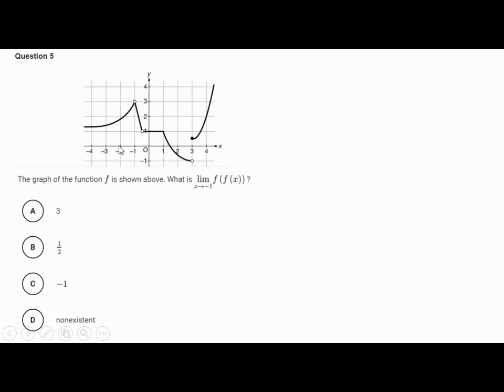As I approach -1 from the left, my f of x is approaching 3. And as I approach -1 from the right, it's approaching 3. So as x approaches -1, our f of x is now approaching 3. Now you'll notice that here I wrote this as x approaches 3 from the left. Now why did I specify from the left?